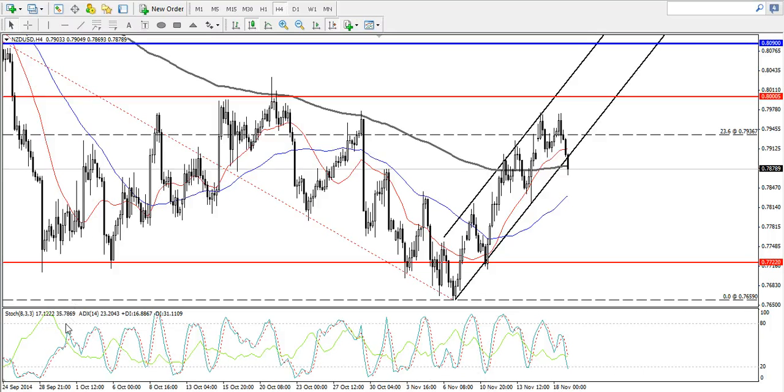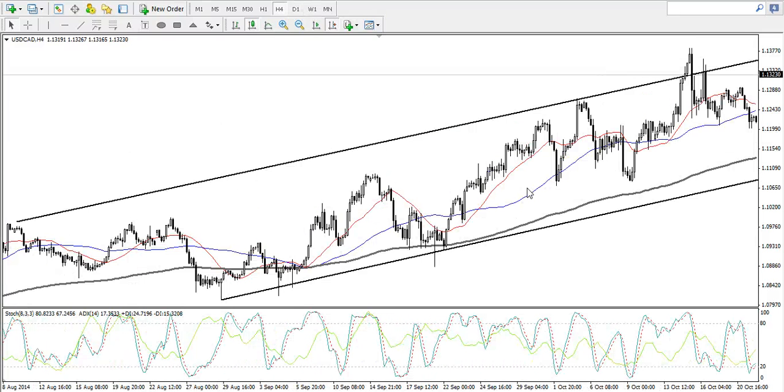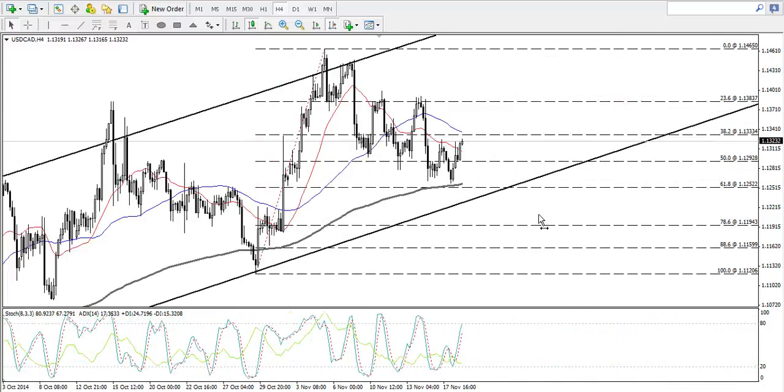Now I would just like to touch on another few currency pairs, firstly the dollar against the Canadian dollar. This is a 4-hourly chart. We do see that there is a rising trend channel over here.